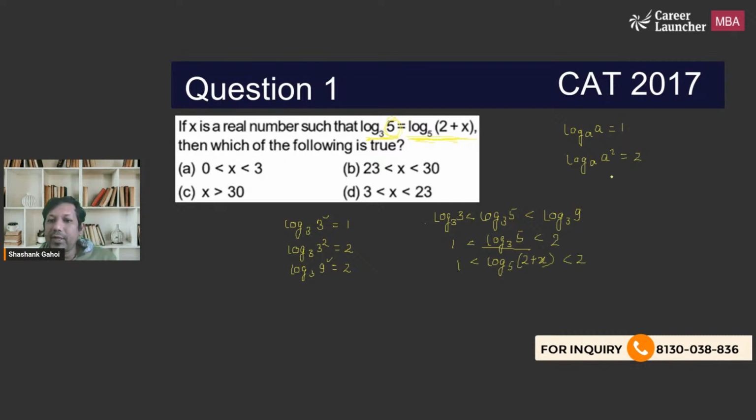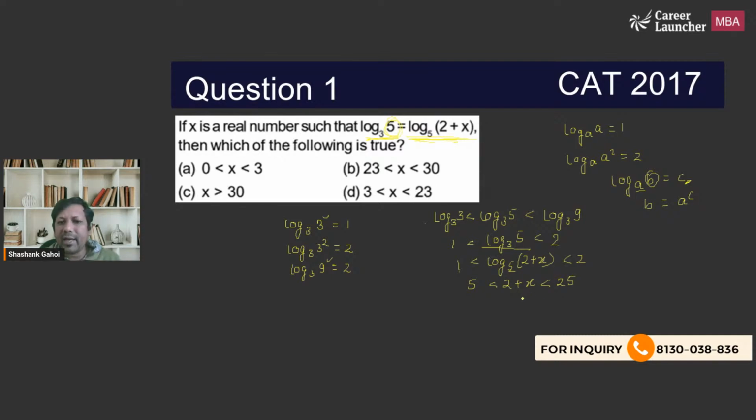Now, if a statement is given that log base a of b is equal to c, then b is equal to a power c. Basically the base power this value is equal to this value. So 2 plus x should be greater than 5 power 1, that is 5, and less than 5 power 2, that is 25.